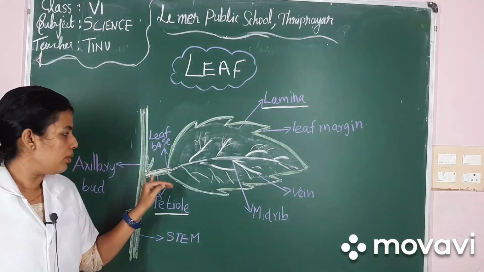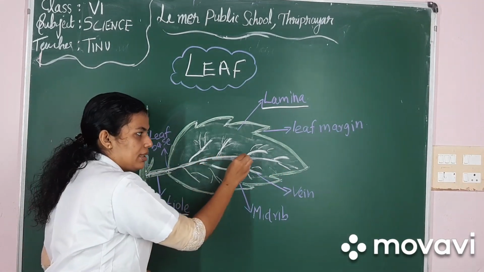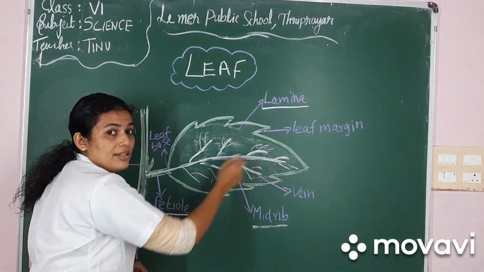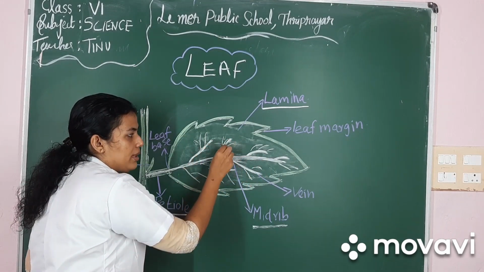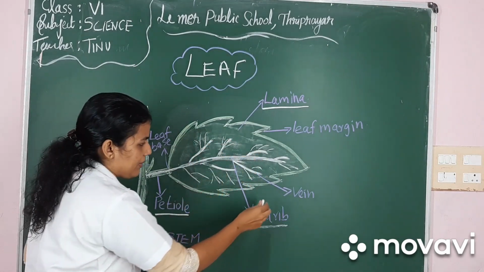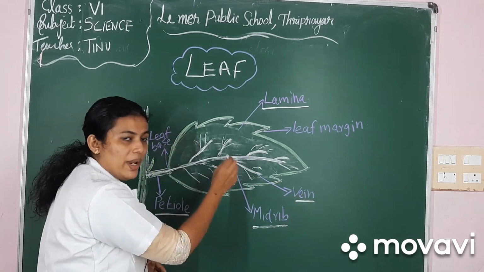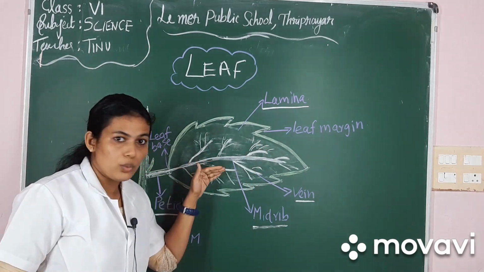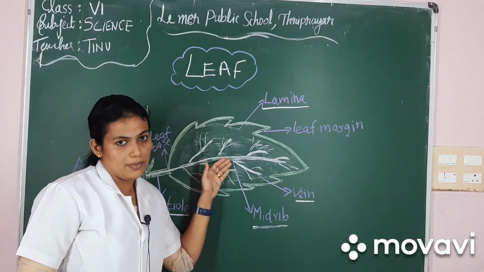This petiole continues into the leaf as the midrib. The midrib is at the center of the leaf, and it branches out as veins. The veins form networks, and through these veins the food materials, water and minerals are transported.